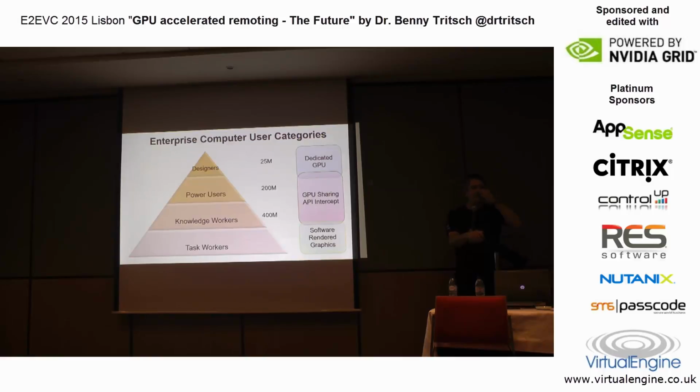They did a survey on how many users are out there that could benefit from this technology. And you see the designers, it's only a 25 million portion of the market. Now you would say 25 million, this is a huge amount of people. When you look at it from a Microsoft perspective, this is nothing, because they have 1.5 billion Windows instances out there.